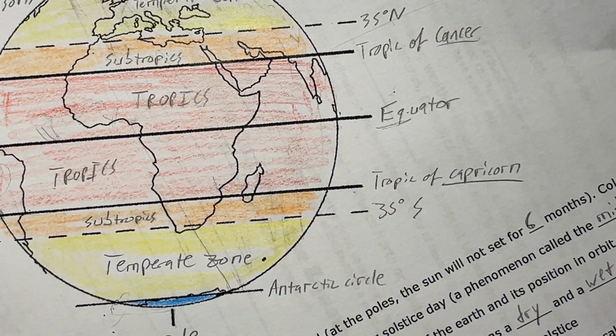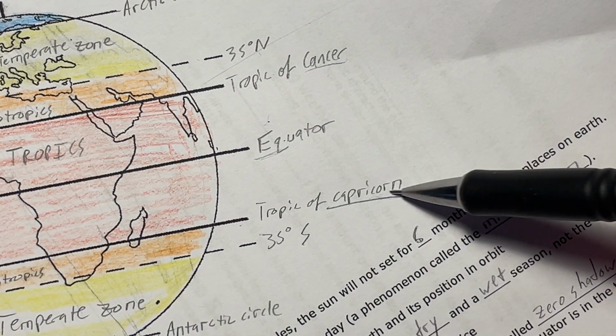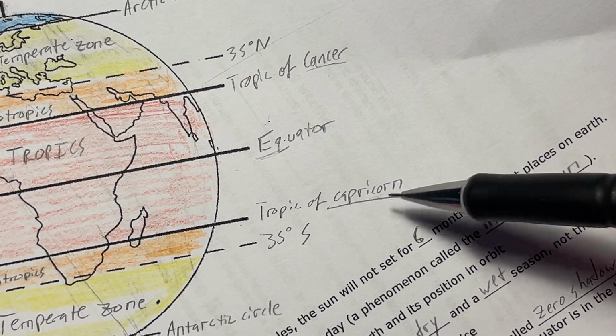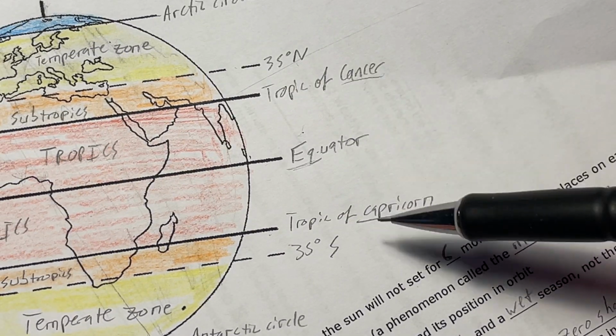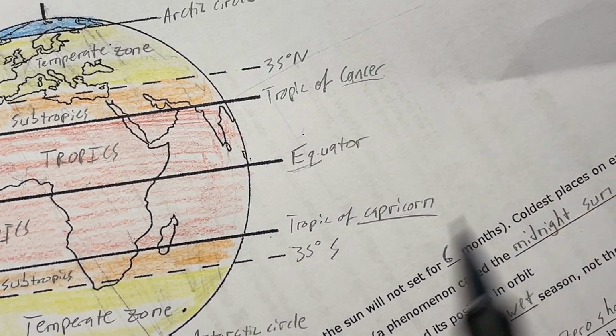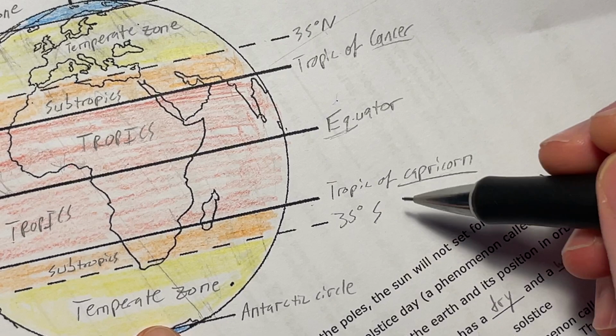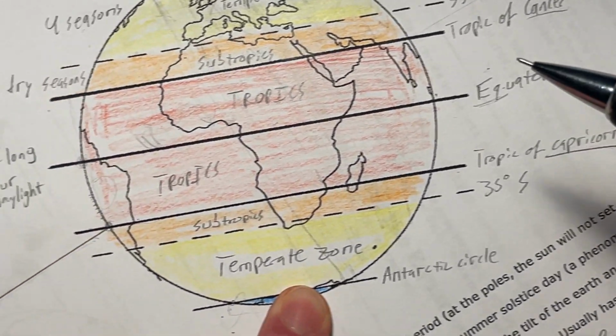Now, this is a little bit confusing. I used to always confuse these because I think corn kind of sounds like north, and so I kept thinking Capricorn was in the north. Just think it's the opposite of that. Capricorn is actually in the south, and Cancer is in the north.